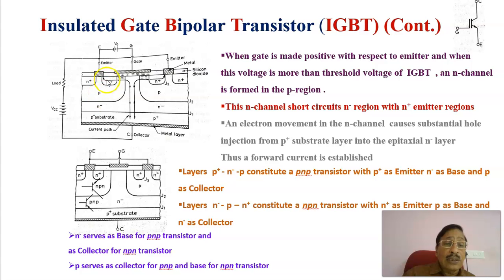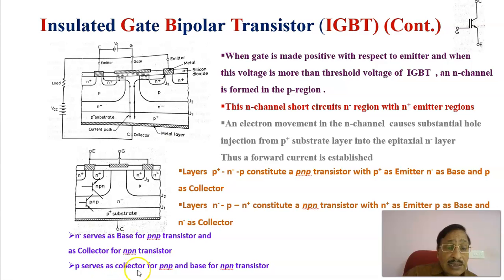The other will be constituting a NPN transistor, so it is a PNP and an NPN transistor inside the structure that we can analyze like that. Therefore, N serves as the base for the PNP transistor and as the collector for the NPN transistor.